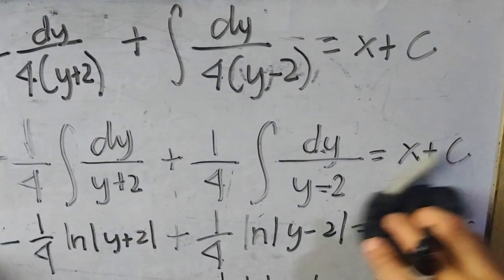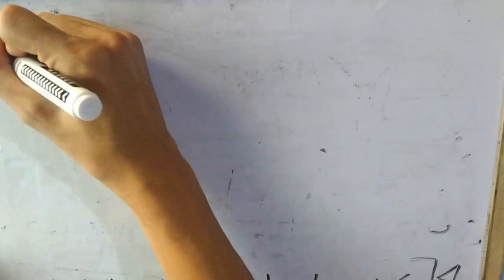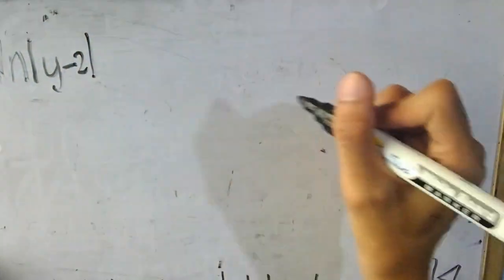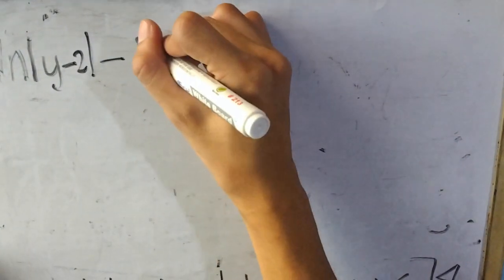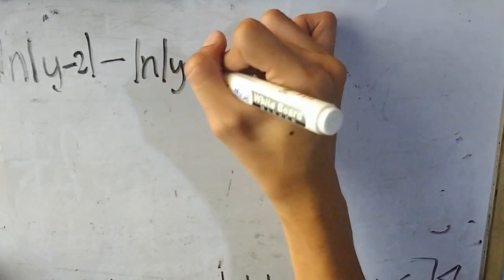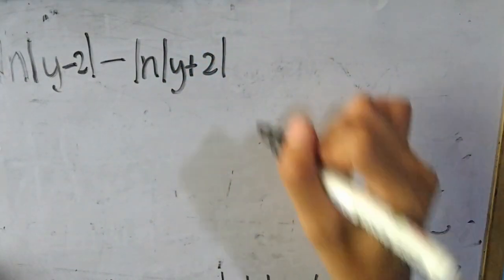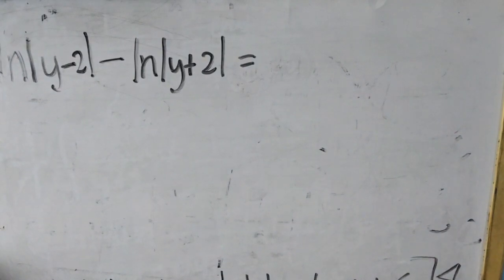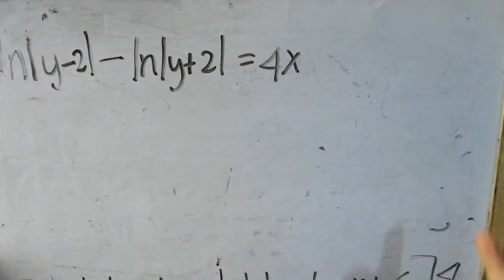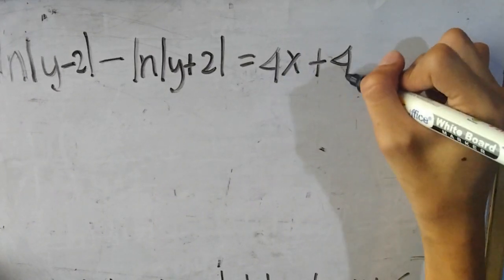So it will now be ln y minus 2, and then minus, multiplied by 4, ln y plus 2, and here 4 times x is 4x, and 4 times c is 4c.